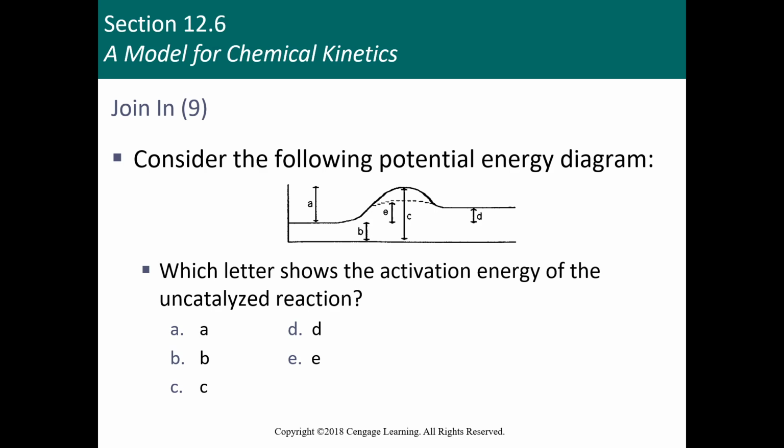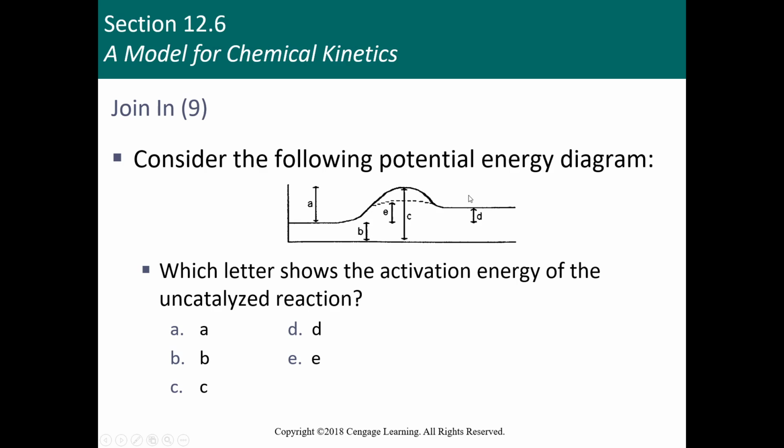So what a catalyst does, and an enzyme is a biological catalyst for all of you biology majors, is it is going to lower the activation energy. So it will lower that activation energy. That is going to increase the speed that the reaction can go in both directions. Okay?